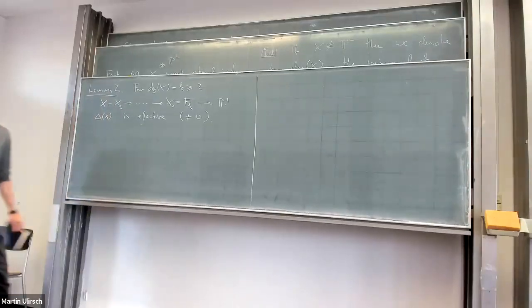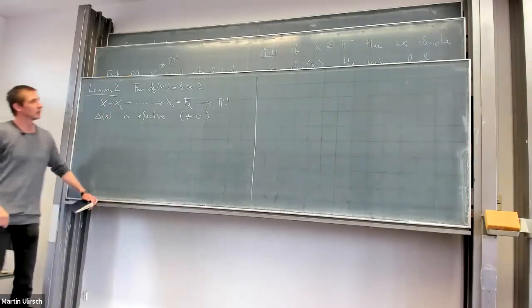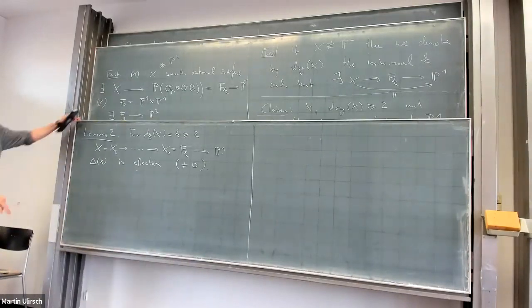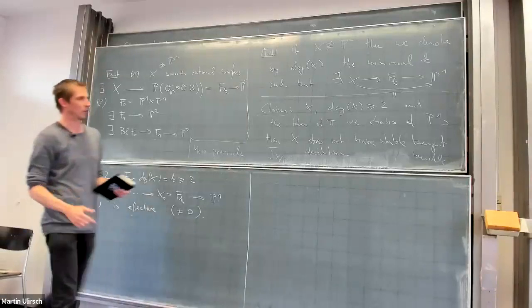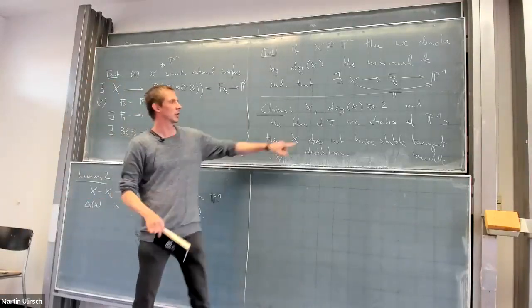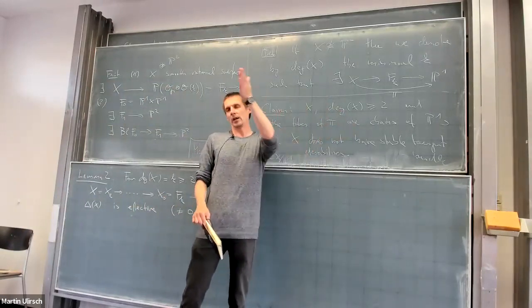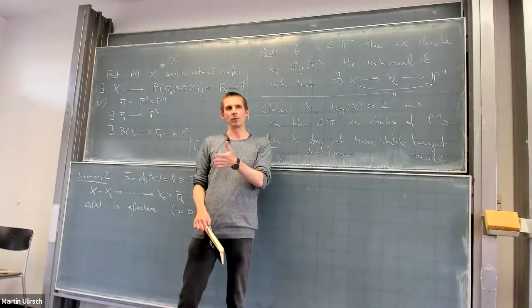And the idea for the proof here is to wait. I'm not writing it down because I don't want to erase, but remember we had a condition. So I'm only claiming this in the situation which we are interested in, namely that the fibers of this morphism pi are chains of P1s.